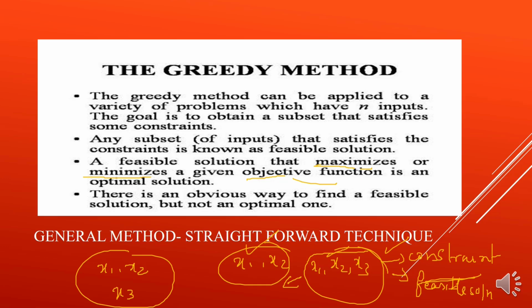The objective function can be anything. It can be minimization of resources, or maximization of profit, or minimization of cost, and so on. That depends on the problem. There is an obvious way to find a feasible solution, but not an optimal one.